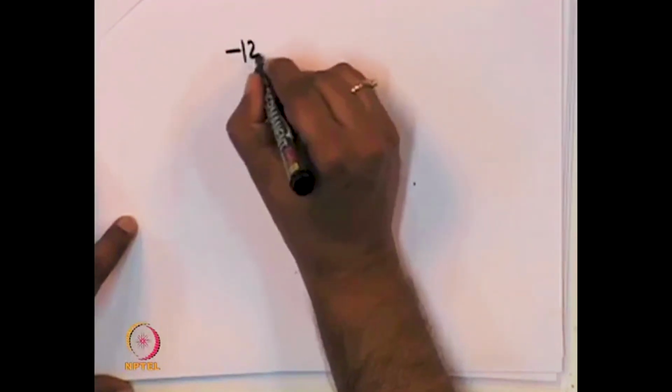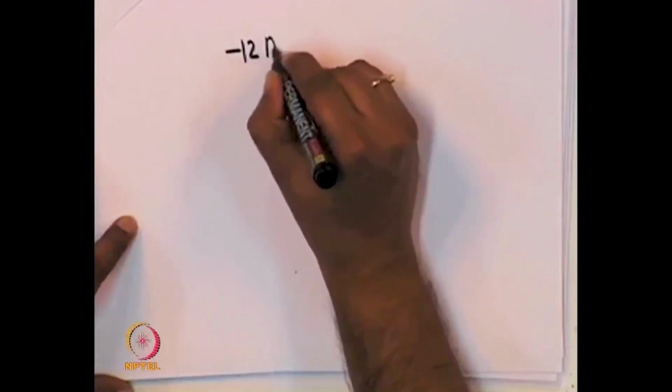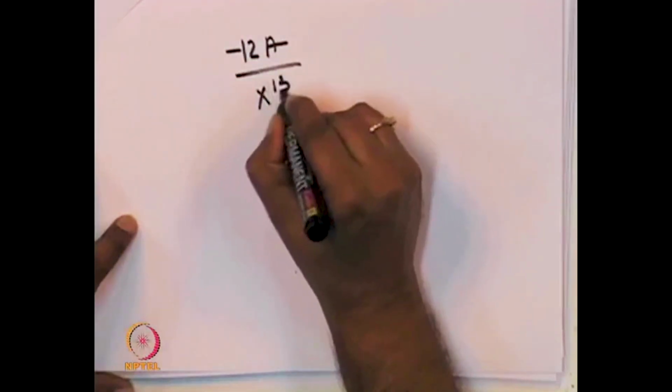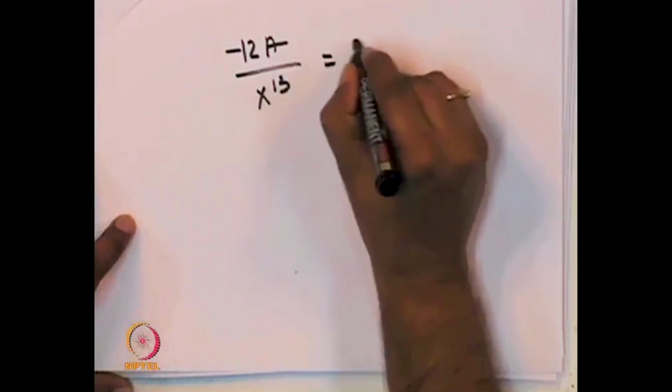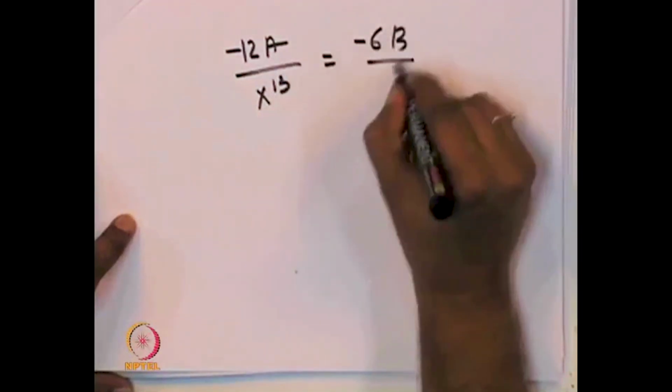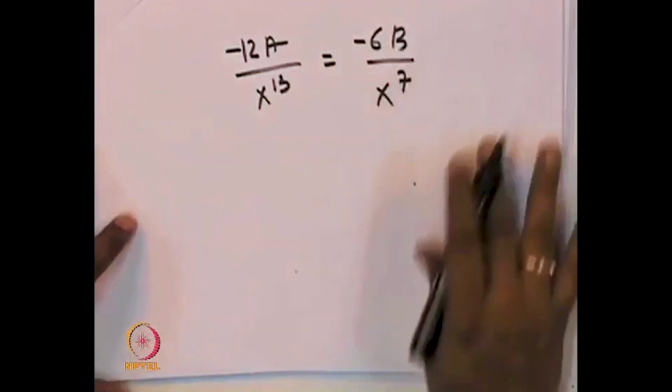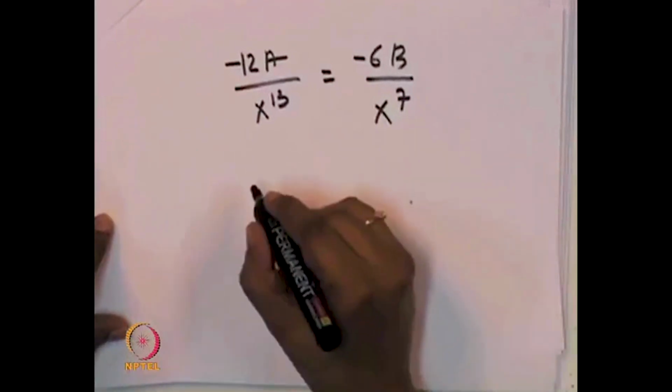So, we want minus 12 a by x power 13 equal to minus 6 b by x power 7. This is what it means.